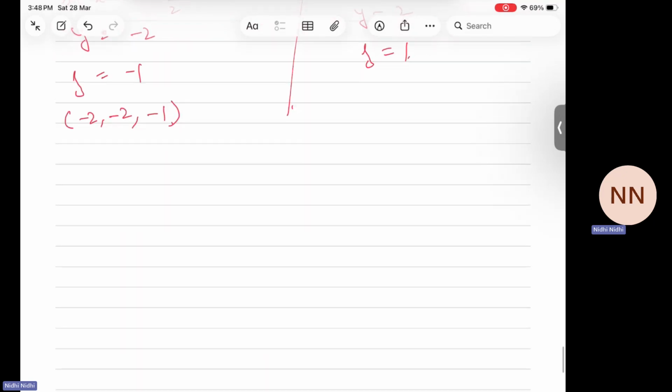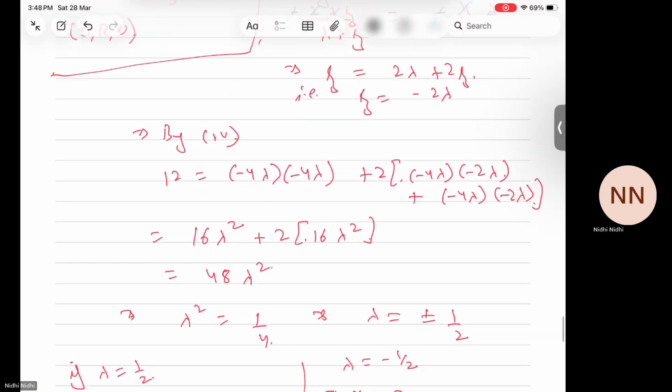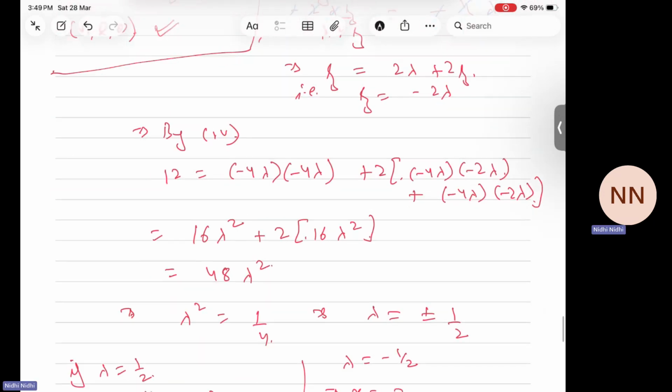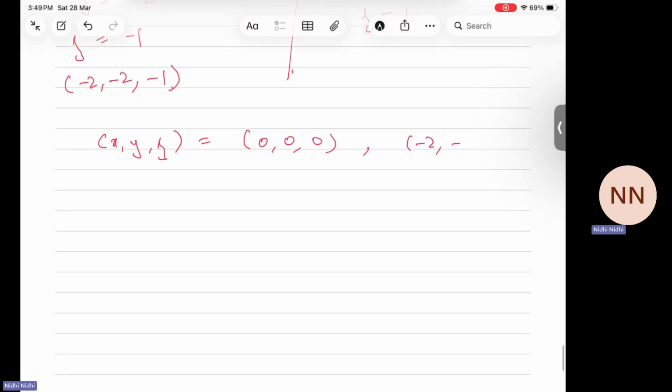Now, the critical points. All the possibilities of x, y, z in the case of maximum or minimum are either all three of them 0, or minus 2, minus 2, minus 1, or 2, 2, 1. But we started with x, y, z to be the length, width, and height, which cannot be less than or equal to 0. Since x, y, z are all strictly positive, the only critical point possible is 2, 2, 1.